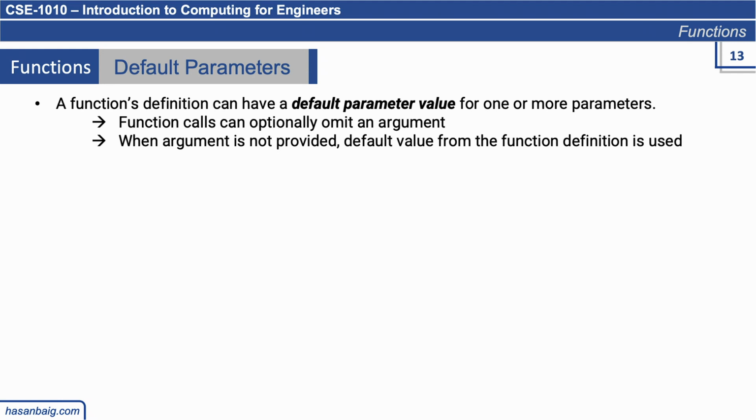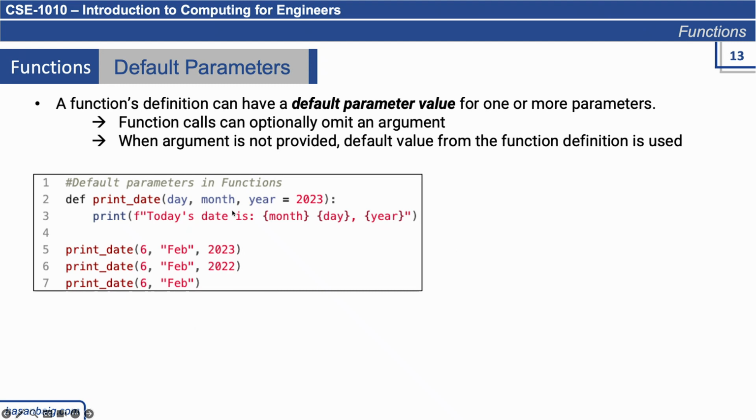For example, here the function name is print_date, and it prints today's date, taking day, month, and year. In the first function call at line number 5, you specify the day 6, Feb as the month, and year 2023. The second is the same thing.